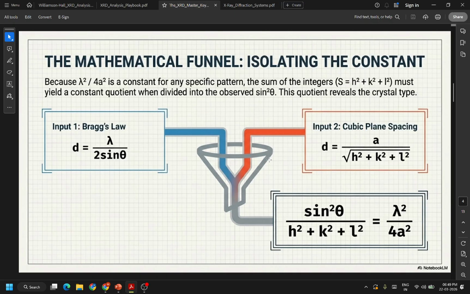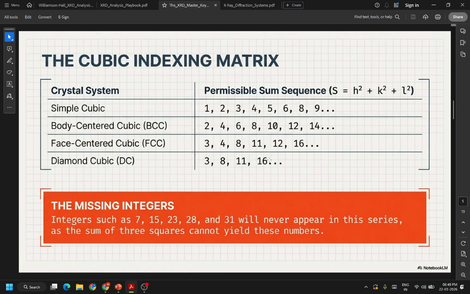So if you have a cubic lattice, your sine squared theta by h squared plus k squared plus l squared should be constant. And the permissible values of h squared plus k squared plus l squared for different cubic structures can also be known.